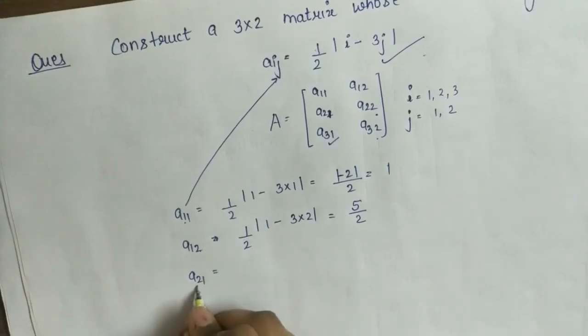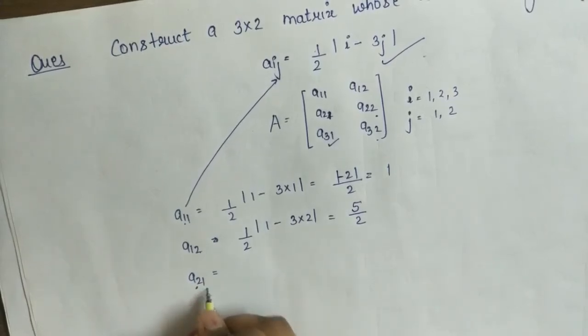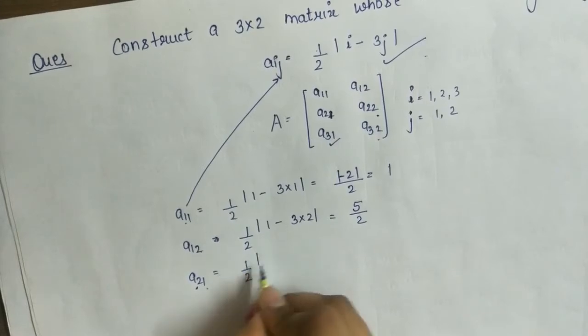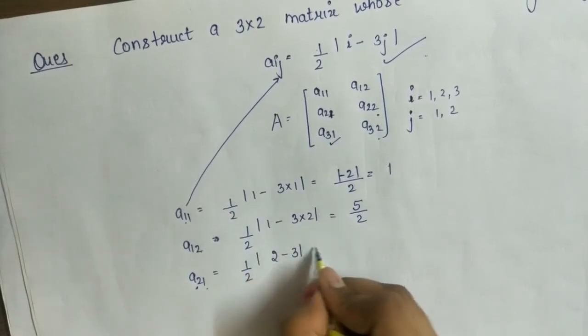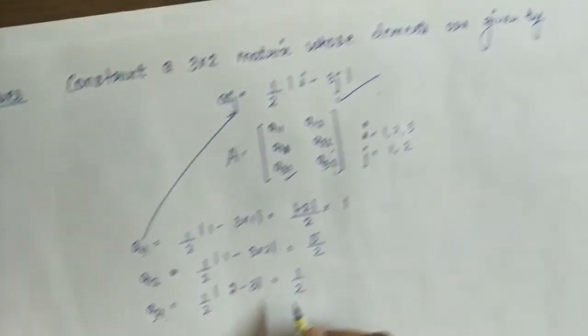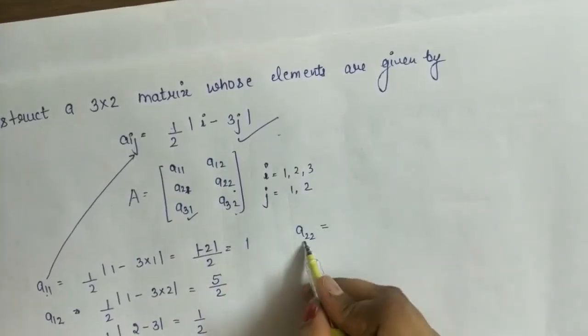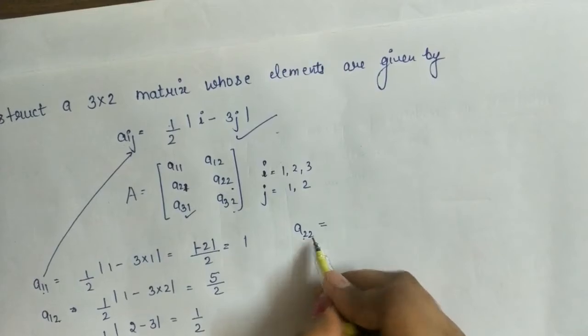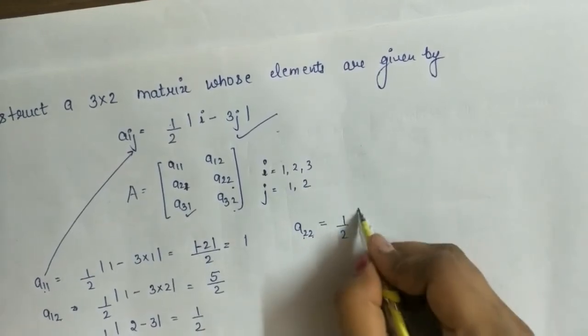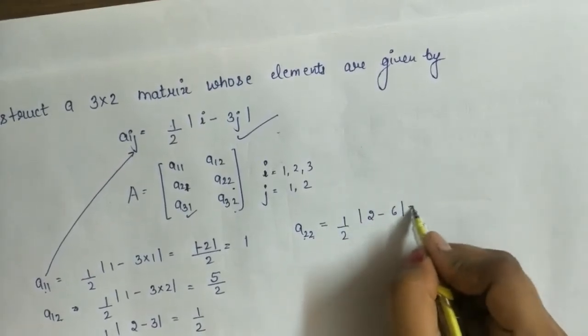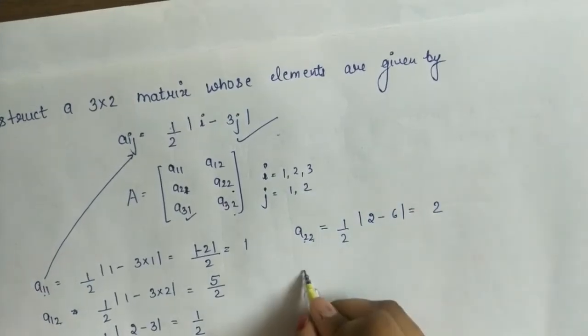A21, i is equal to 2 and j is equal to 1. Half of |2 minus 3| is equal to half. A22, i is equal to 2 and j is equal to 2. So half of |2 minus 6| is equal to 2.